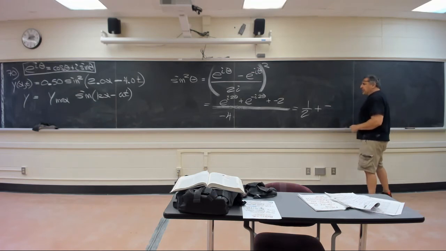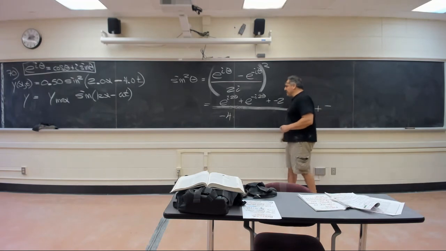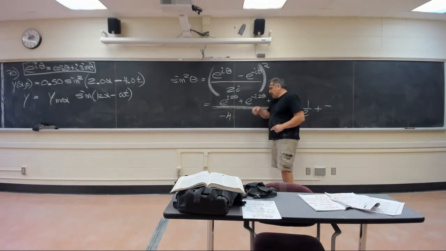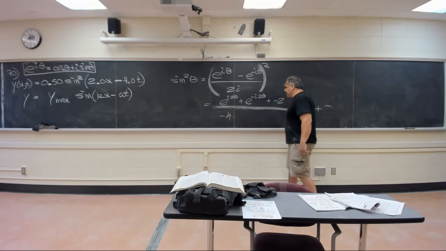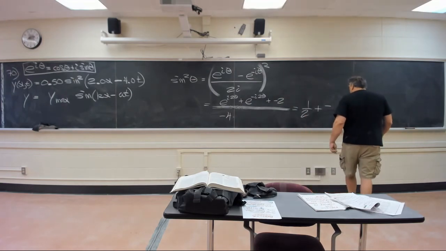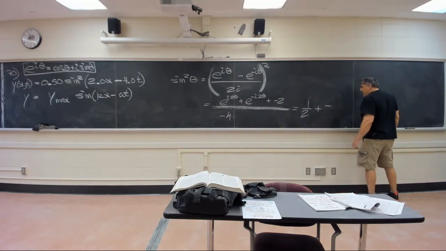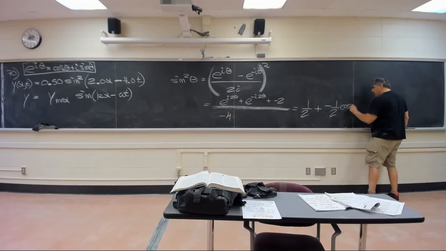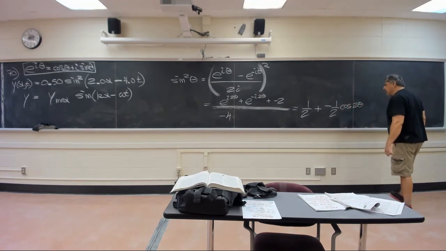If it's over 2, if it's over a positive 2, e to the i theta plus e to the negative i theta divided by 2 is cosine theta. This right here is 1/2. The theta here is cosine 2 theta.